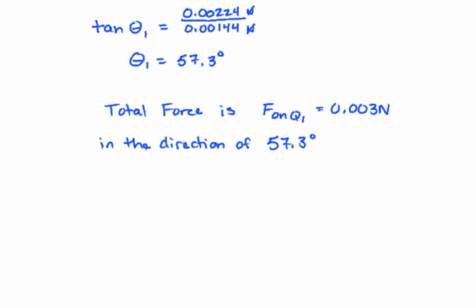Since the force due to charge 3 was a little bit stronger, it ended up being in the positive x direction. So, there is the end of the 3 charge in a plane example.